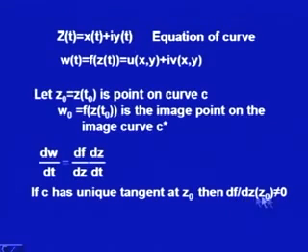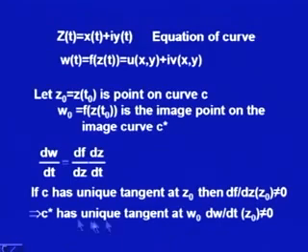So, this has to be non-zero. If df by dz is non-zero, and dz by dt is not 0 because it is a curve and t is varying, then dw by dt is not 0. That means, if the tangent is well defined at C, the tangent of its image will also be well defined.